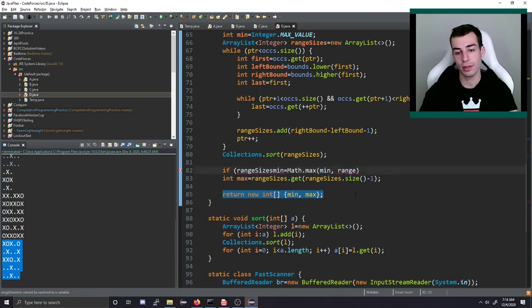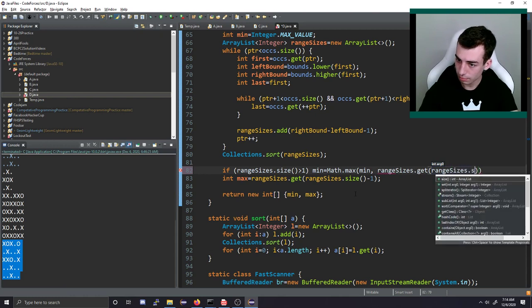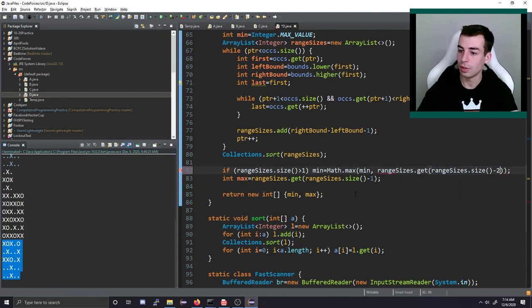Otherwise, if range size is greater than 0, then 1. There's 2.